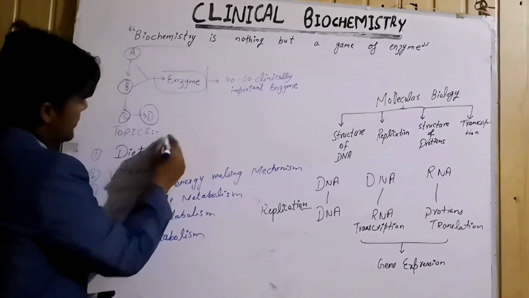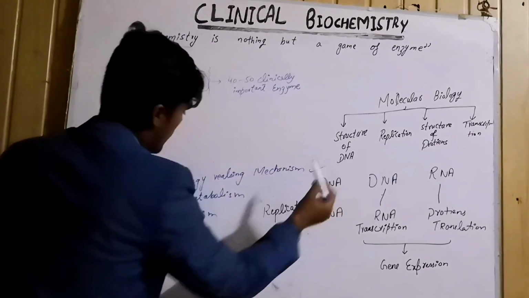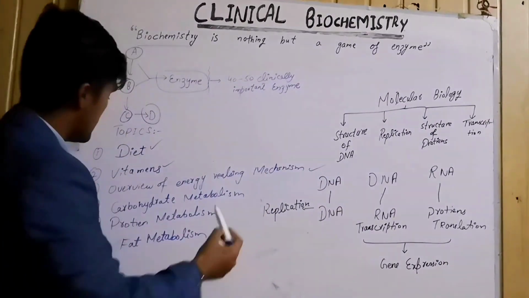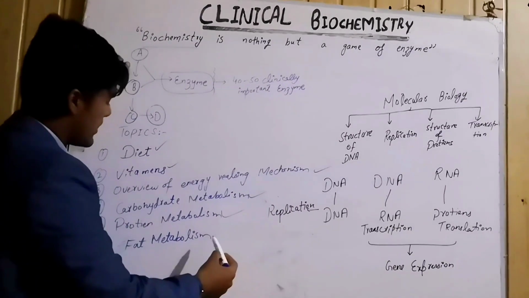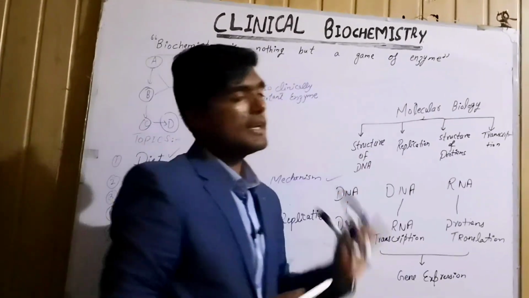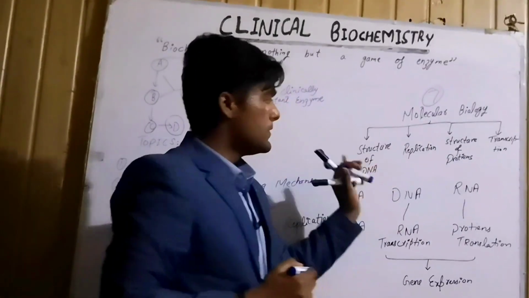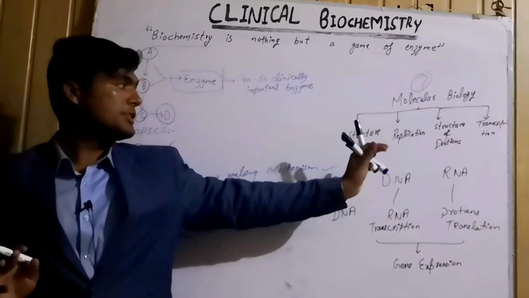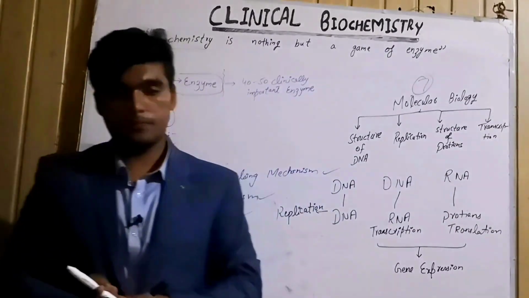Our first topic will be diet, second vitamins, third an overview of energy releasing mechanisms, fourth carbohydrate metabolism, fifth protein metabolism, sixth fat metabolism, and the seventh lecture will be on molecular biology, which includes 4 parts: structure of DNA, replication, protein structure and transcription.